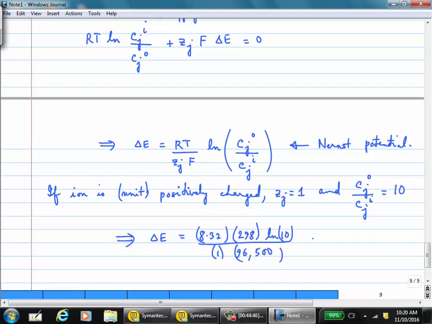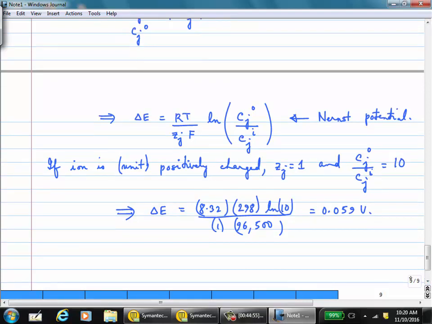You calculate and you will get 0.059 volts, or 59 millivolts. So if the voltage inside is 59 millivolts higher than the voltage outside, despite having this big concentration difference, the solute is not going to flow.